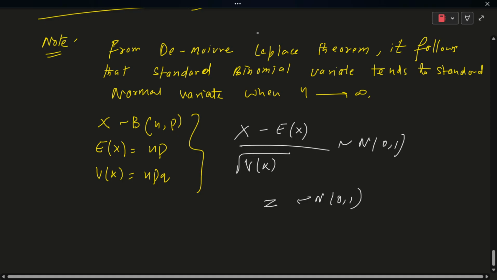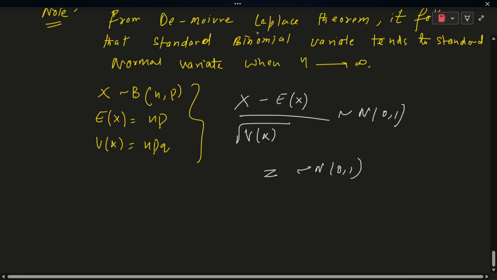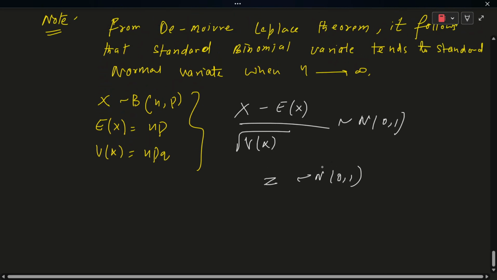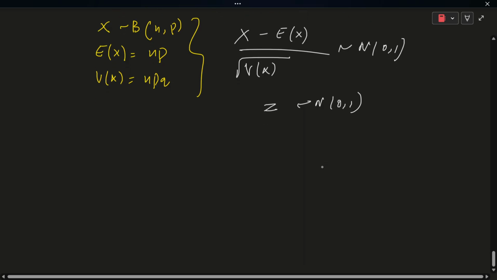We will see the applications of CLT, then we will find how the binomial variate tends to the standard normal variate, and Poisson also. Whatever the distribution, try to make this standard normal variate.